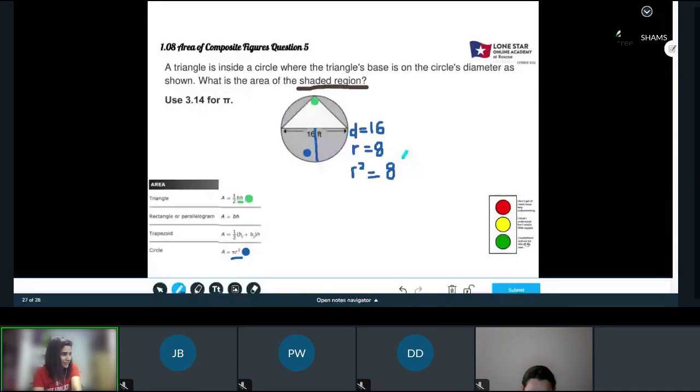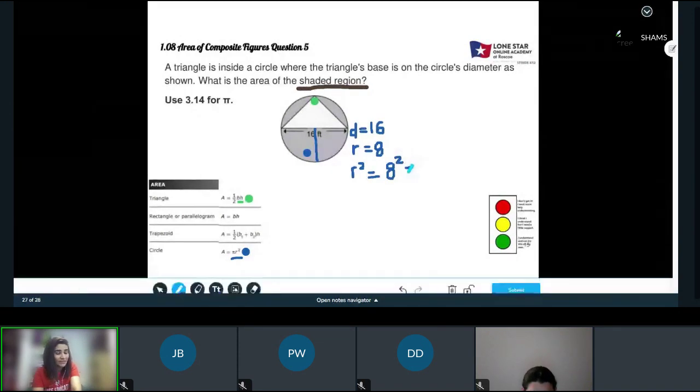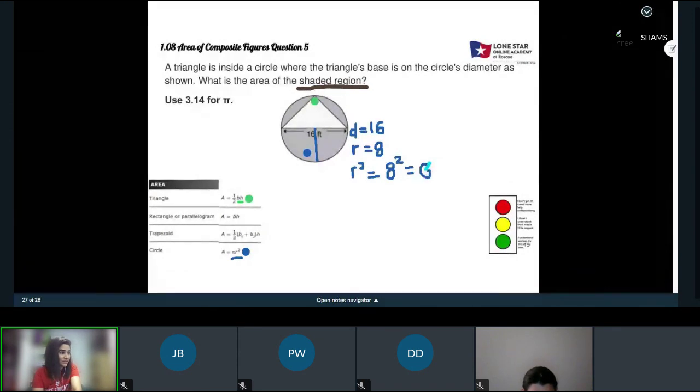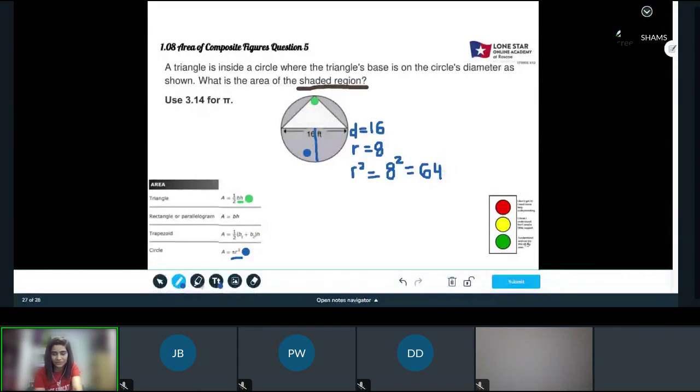Okay, Bella? Then radius squared will be the square of 8. Square of 8 means 8 multiplied by 8. 8 times 8 gets me 64. Everybody understands r squared? 8 squared, 64. 8 times 8.